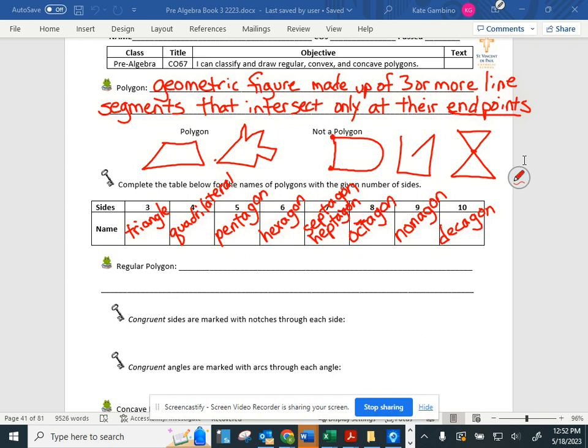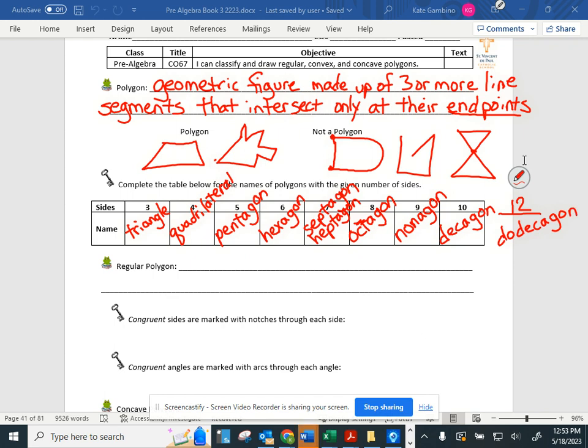So, I'm going to tell you this much. For some reason, our chart only goes up to 10, but in our work, there is the 12-sided figure. It is technically called a dodecagon.